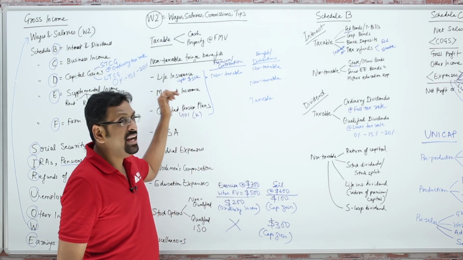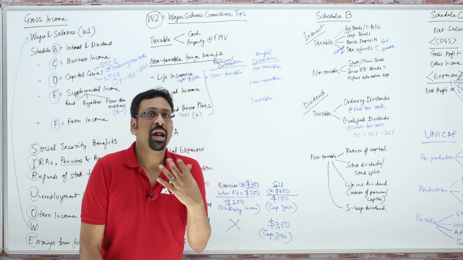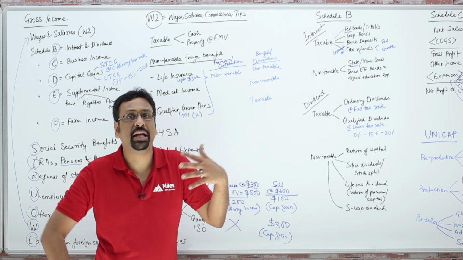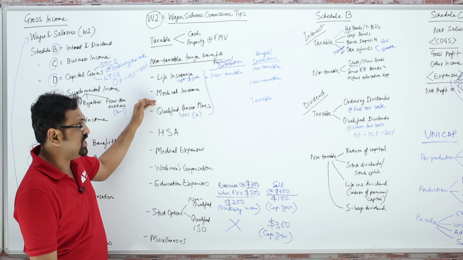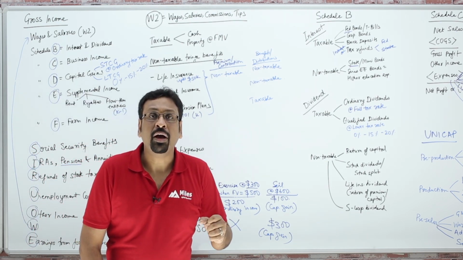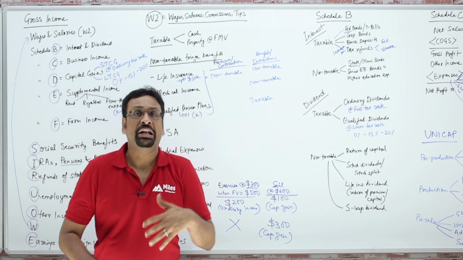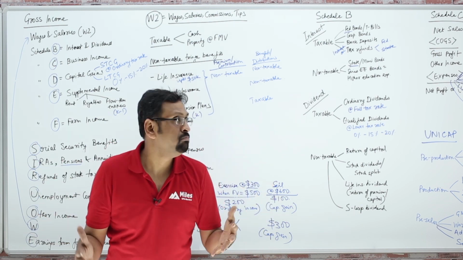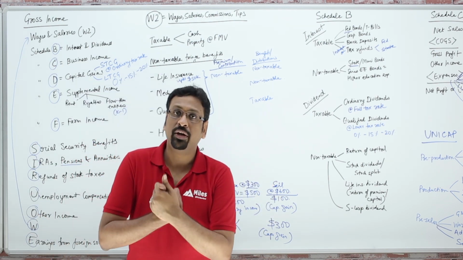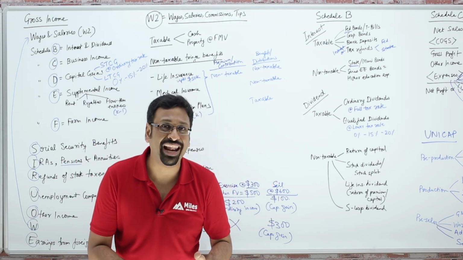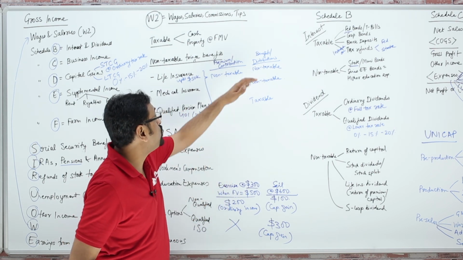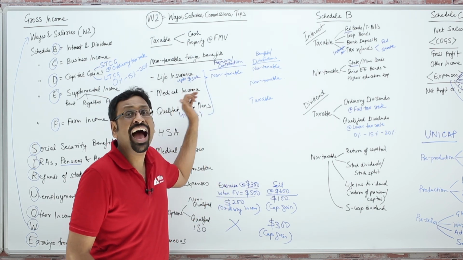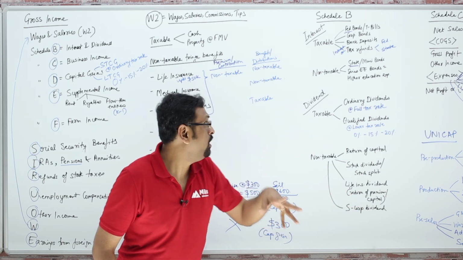Let's talk about medical insurance, or you could talk about accident health insurance, Medicare benefits, workmen's compensation. All these come in times of difficulty. So you're going to get medical insurance when you get hurt, injured, hospitalized. So distributions from medical insurance are non-taxable.